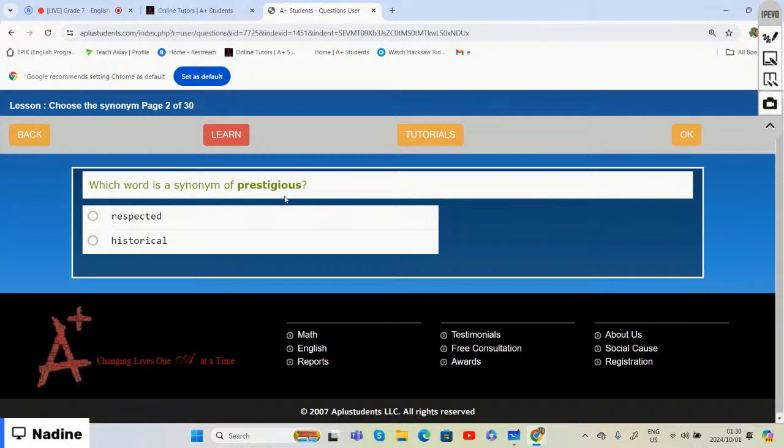All right, let's look at the next one. It says, which is the synonym of prestigious? Is it respected or historical? If something is prestigious, what does it mean?